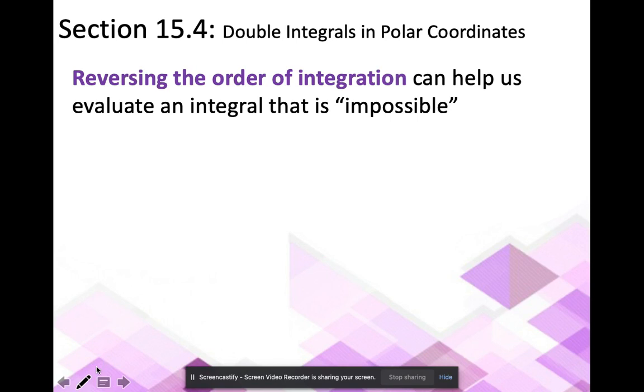So remember, one of the previous things that we've been doing is using the power of reversing the order of integration in order to help us evaluate an integral, right? Not everything can we integrate. Unlike differentiation, I can give you an integral and there's just nothing I know how to do.